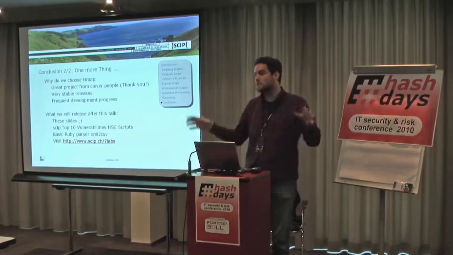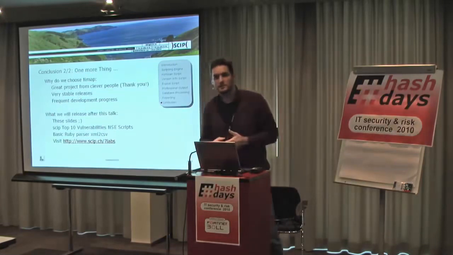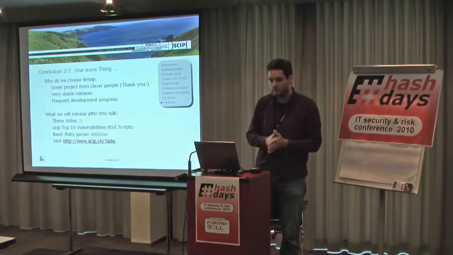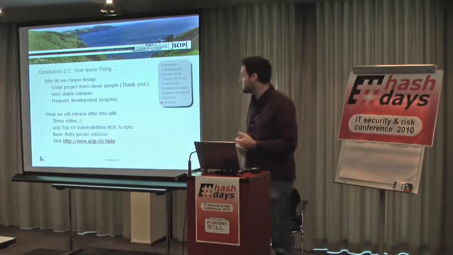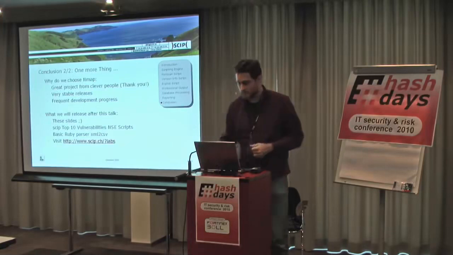Especially if you have large-scale scans, you can handle a lot of data much easier than with the basic output. And we will release it on our website in the next few days or week. It depends on how much work we have in our projects.